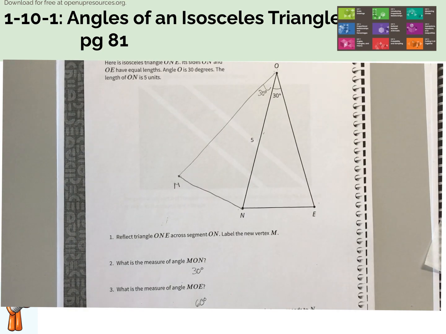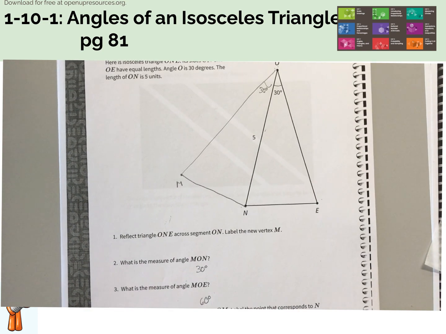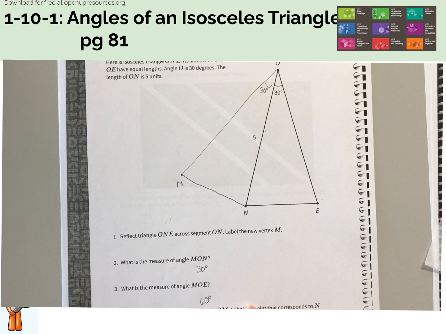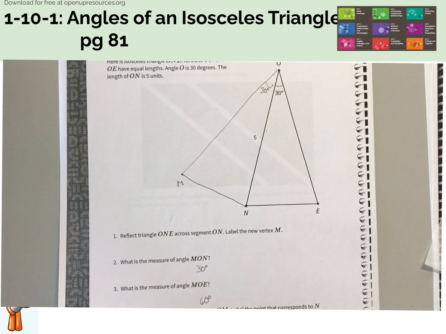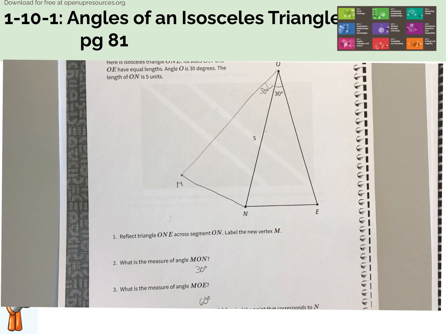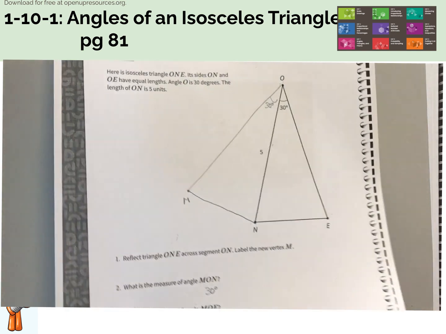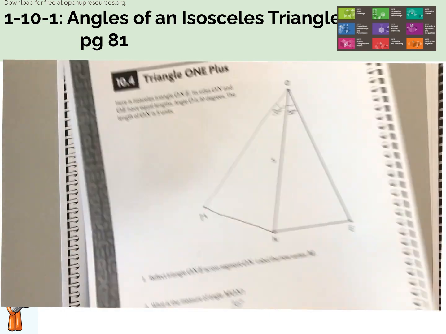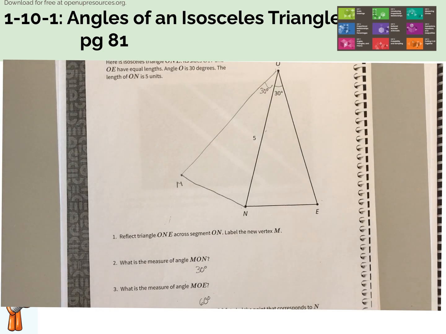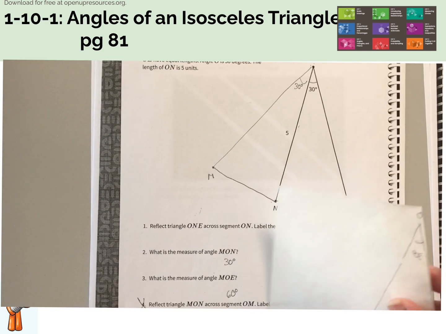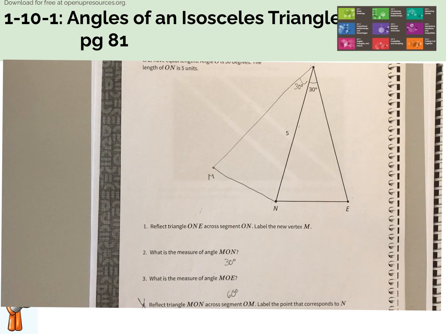Okay, so again, when I do a translation, rotation, or reflection, those pieces of whatever we're rotating are exactly the same. They have the same measure, and they don't change whatsoever. So this is what we're looking at today: it's a rigid transformation.